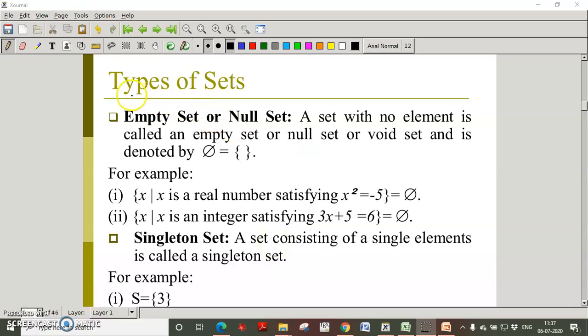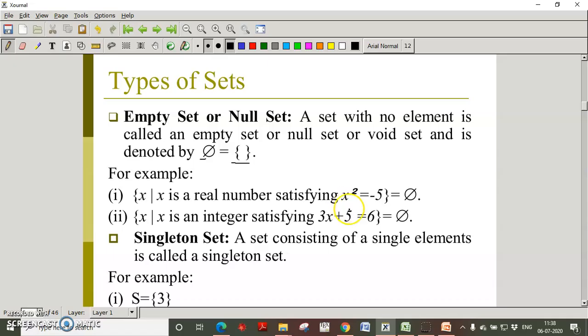Now I am going to discuss types of sets. First is the empty set, also known as the null set. A set with no elements is called an empty set, null set or void set, and it is denoted by phi or empty curly brackets. Here we have taken an example of the null set: x such that x is a real number satisfying x squared equals minus 5.